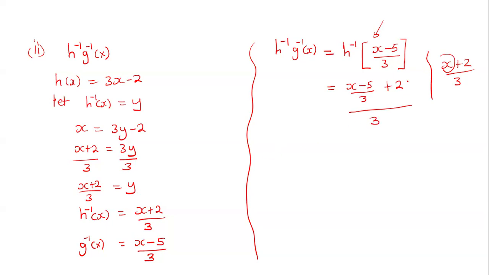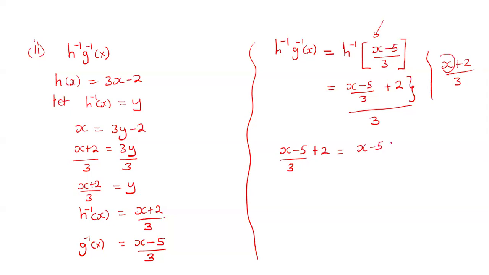Now, members, I want us to first deal with the numerator alone. So Joy, take us through it. What shall we have here? x minus 5 plus 2 out of 3.